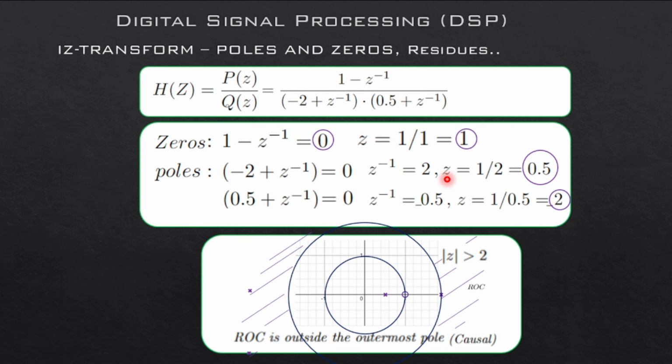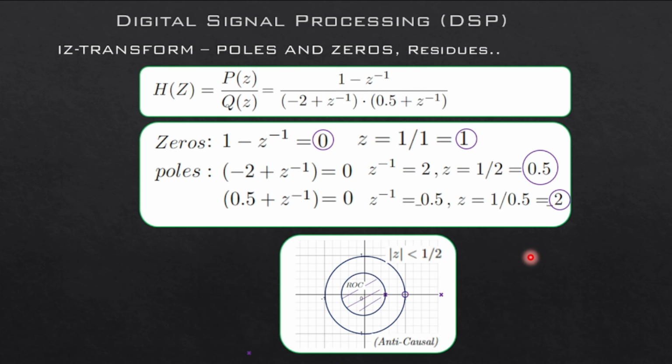The region outside of this pole is the region of convergence, z greater than 2, if the system is causal, correct? Now, second case, if the system is anti-causal, then the region of convergence is inside the innermost pole, which is the exact opposite of the causal system.